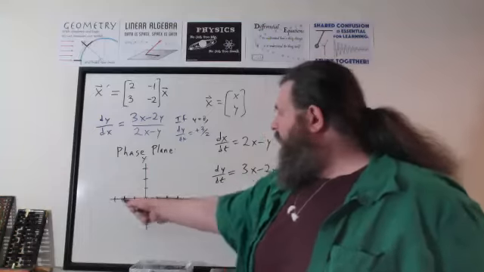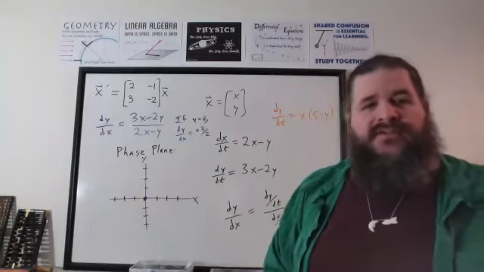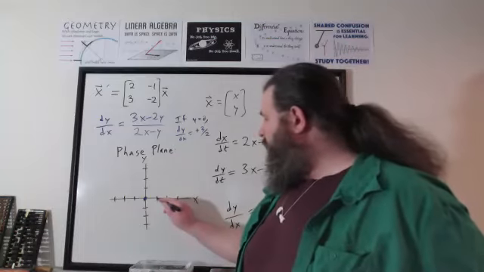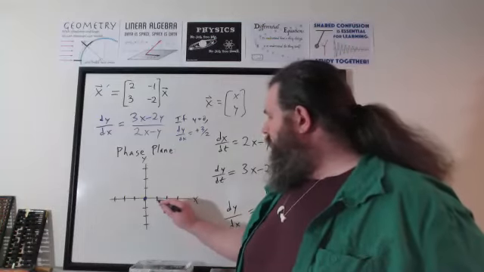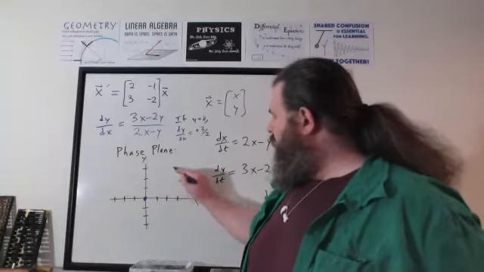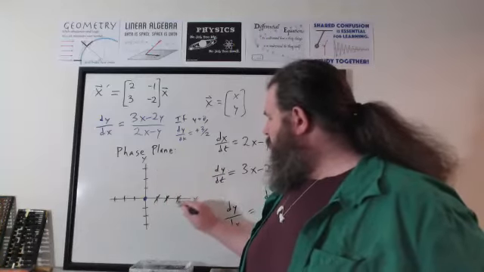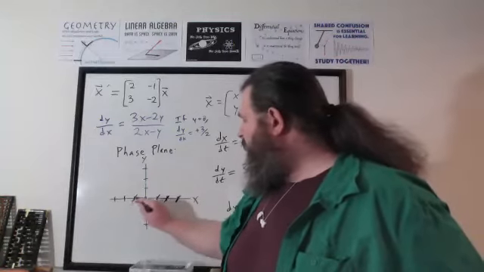So everywhere on the x-axis, everywhere where y is 0, the slope should be exactly 3/2. In other words, a slope of 1.5. So maybe up 3 over 2 would be some slope kind of like this. So we know what the slope is everywhere on the x-axis.